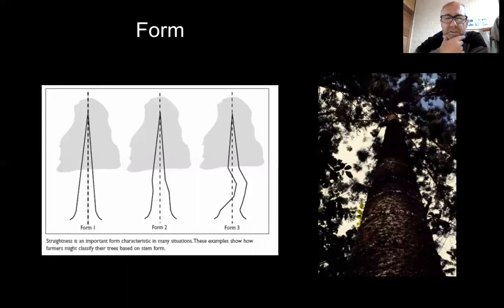The final factor that's really important for management is understanding the form of the trees. Now, form really depends on the quality of it. In terms of form, depends on the market. But essentially, I judge trees as having either form 1, form 2, form 3. Now, form 1 is a perfect tree for the intended use.